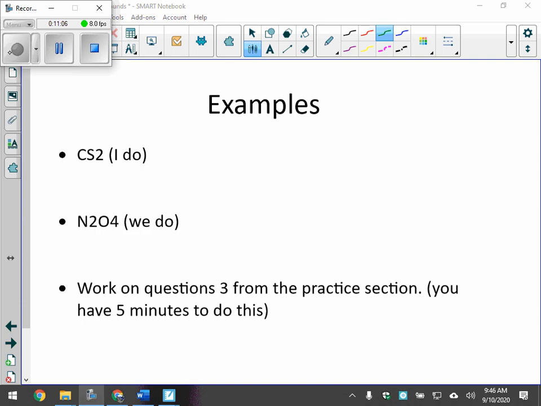Okay, we're going to do these examples here, and then we're going to move on. You have these at the bottom of the first page. CS2: only one carbon, so we don't need a prefix with the first one. So this would be carbon.